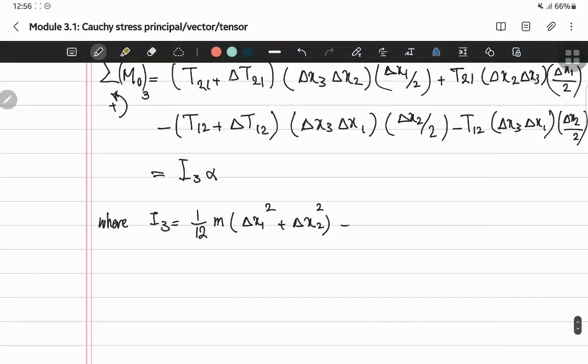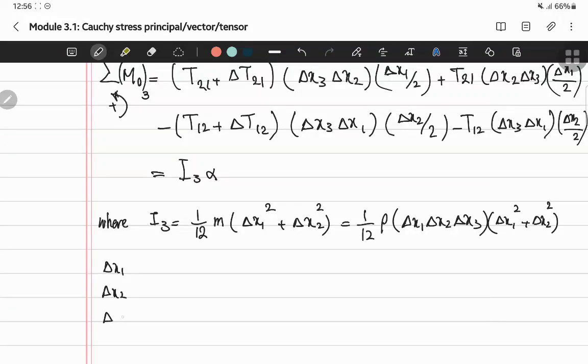And m is rho v, so it is 1/12 of rho, and v is del x1, del x2, del x3, times del x1 squared plus del x2 squared. So if you see, we have an infinitesimal element. So del x1, del x2, and del x3 all go to 0. Therefore, we can say that I is 0. So we can basically neglect this part in here, and we finally say that we have 0 in here.